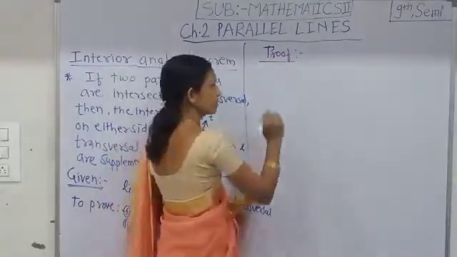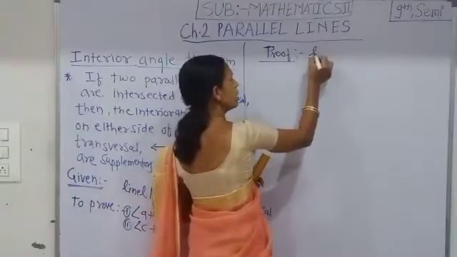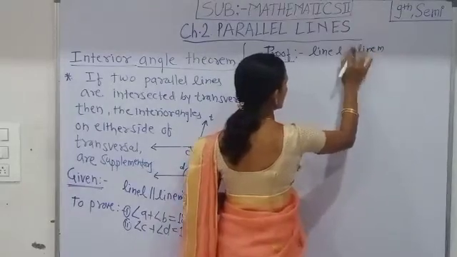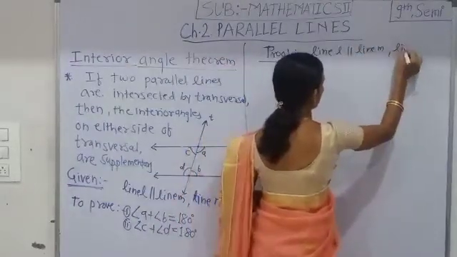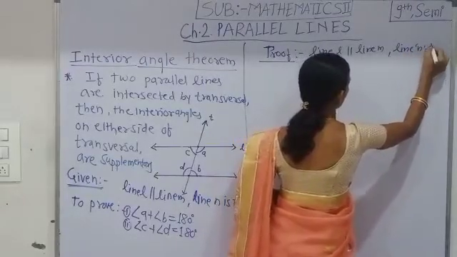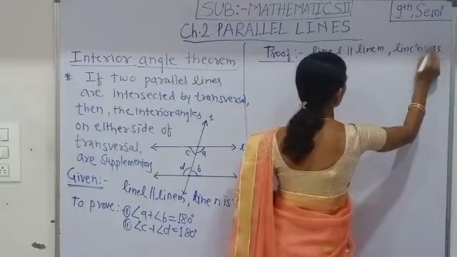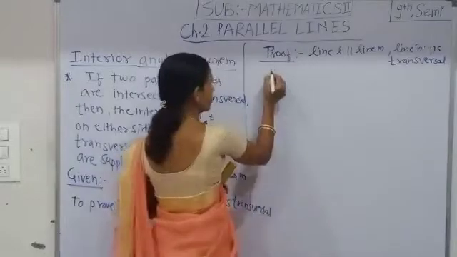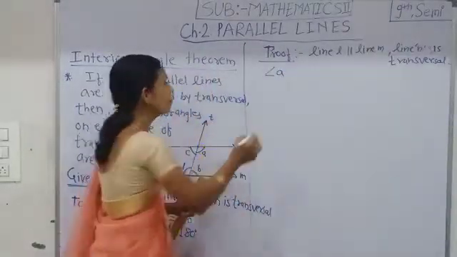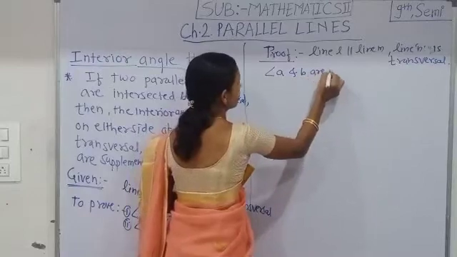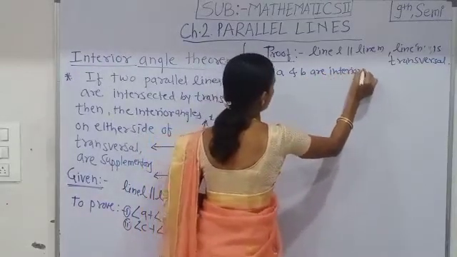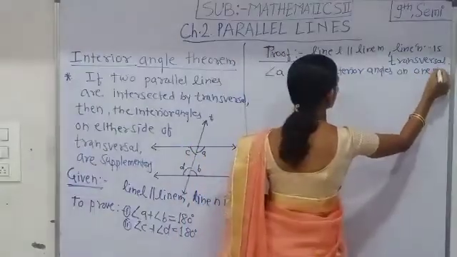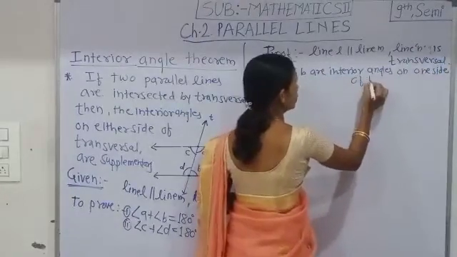Line L and line M are parallel to each other, whereas line N is a transversal, and angle A and angle B are interior angles on one side of the transversal.